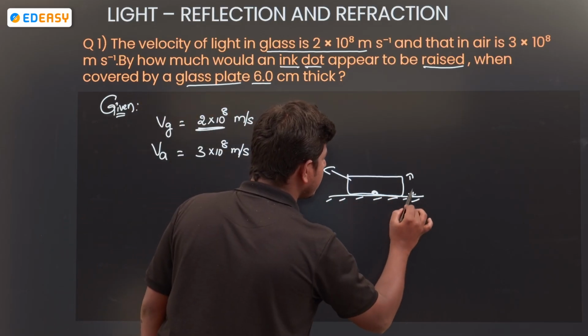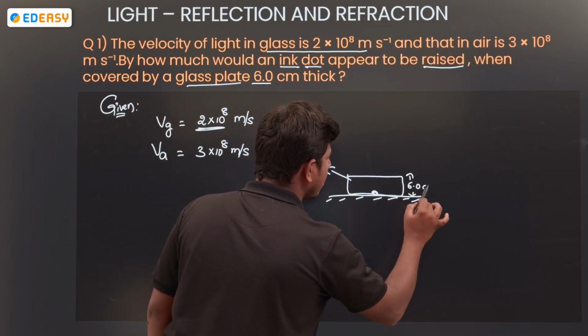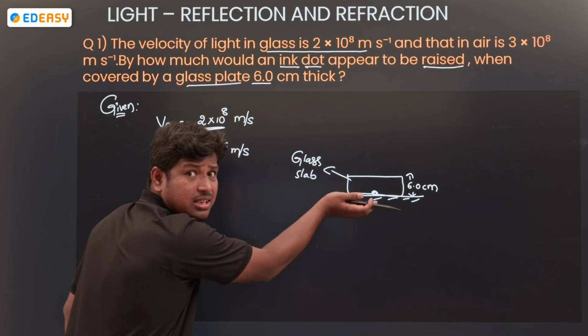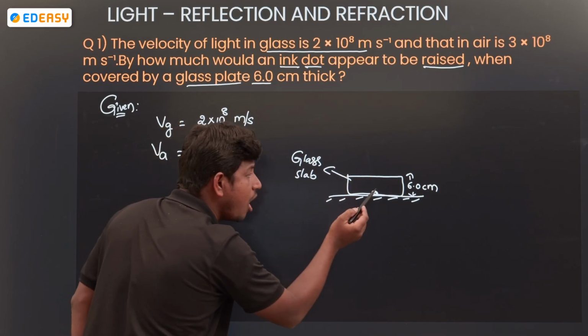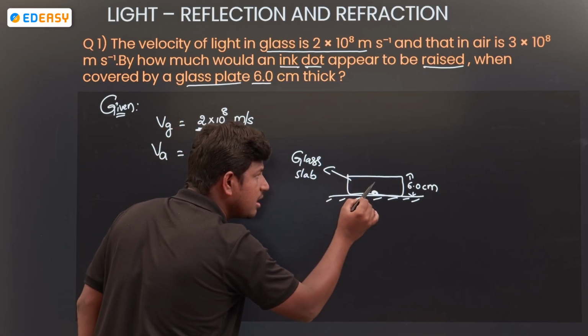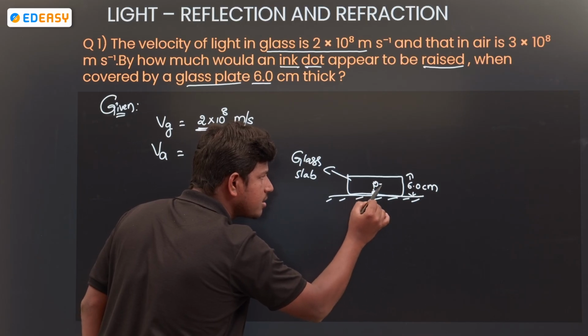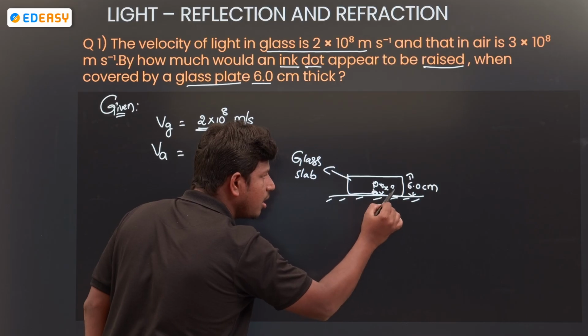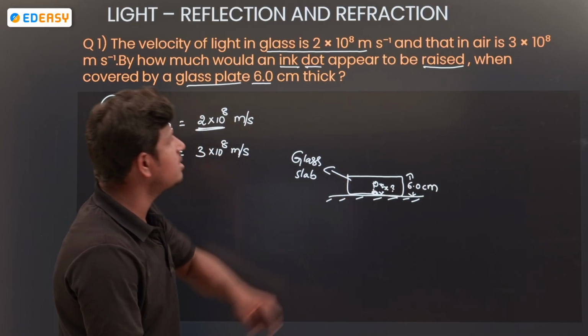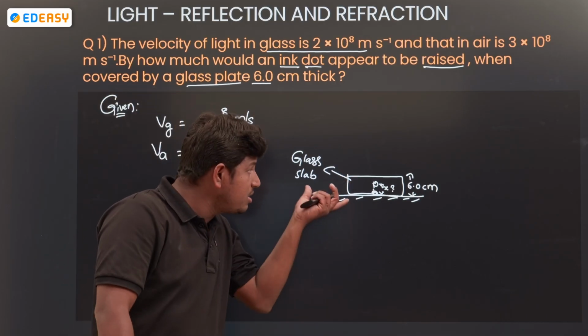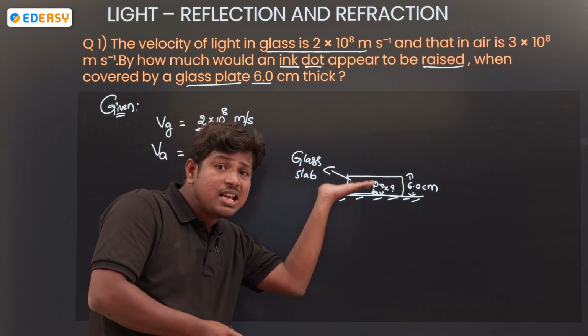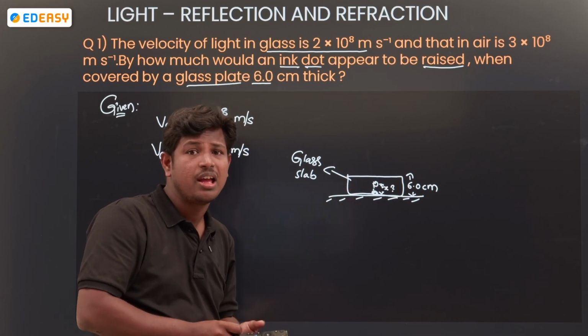What is the thickness of the glass slab? 6 centimeter. So by using this 6 centimeter glass slab, the ink appears at some point; let us take this point as x. From here to here, it rises by x. That x we are going to find out: by using the glass slab, how much distance it rises.